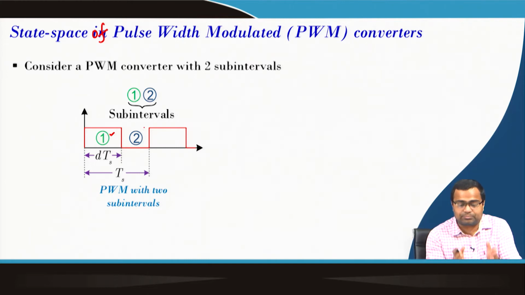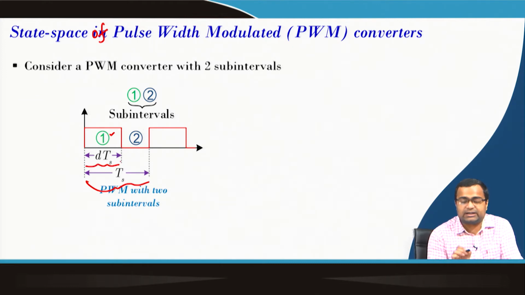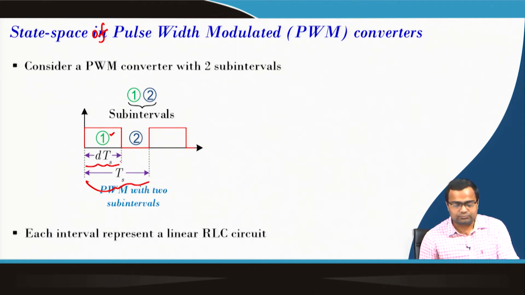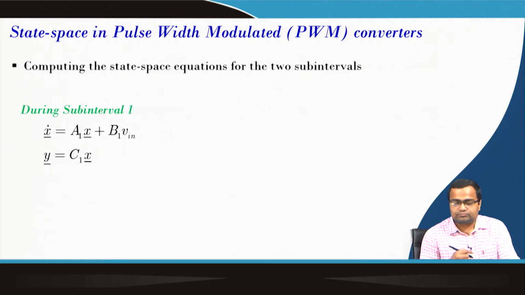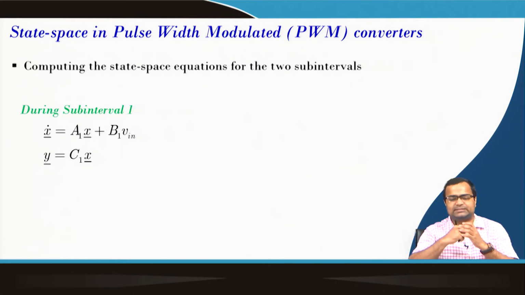And we are talking about pulse width modulation, where the total time period is constant and the on time is d into Ts. Each interval represents an RLC circuit. Now, we want to compute the total overall state space equations of the two sub intervals.